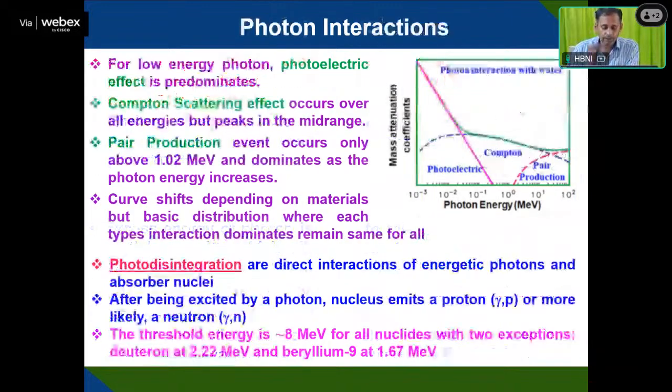In photon interaction, there are three things that come up: the photoelectric effect, Compton effect, and pair production. For the photoelectric effect, we see the water molecule and the interaction of the X-ray photon. This is mainly predominant at very low energy. In between, you will see the Compton effect, and for pair production, you need quite high energy, 1.02 MeV.